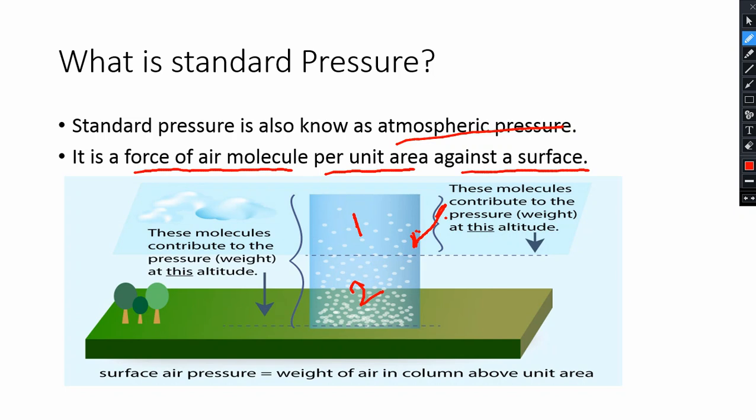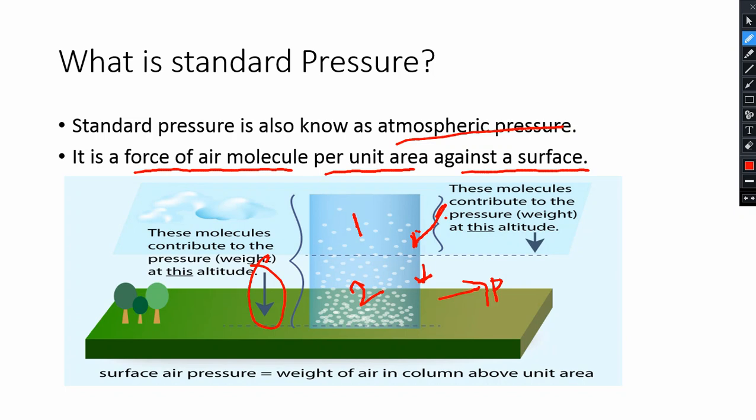We have weight because of gravity, water has weight because of gravity, and that's why air molecules also have weight. The air molecules increase in the second portion because gravity is working on them and attracting them toward itself as much as possible. When the air molecules come from the upper portion to the lower portion, they produce pressure. That pressure is called standard pressure or atmospheric pressure.